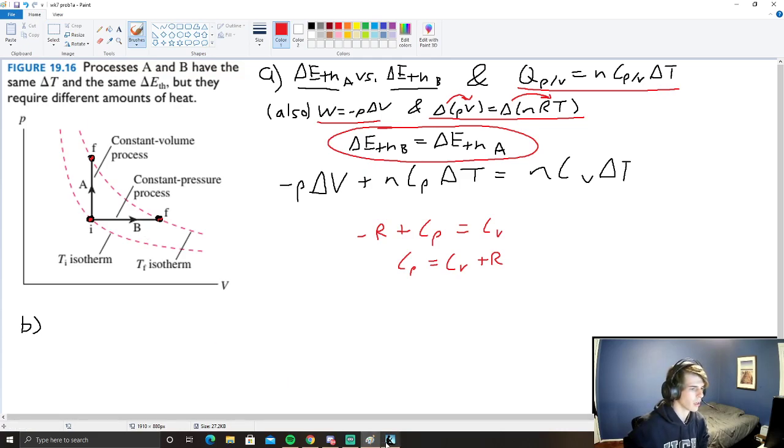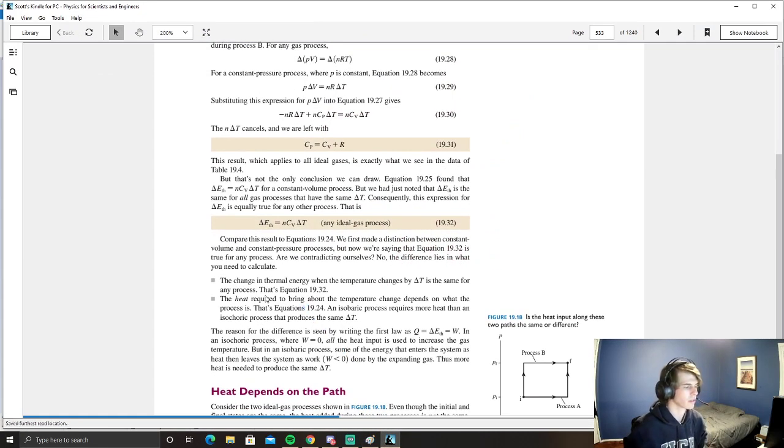For B, the simplest solution I can give is from the book actually. It says here that the heat required to bring about the temperature change depends on what the process is. An isobaric process, or one that relies on pressure, requires more heat than an isochoric process, or one that relies on volume only.